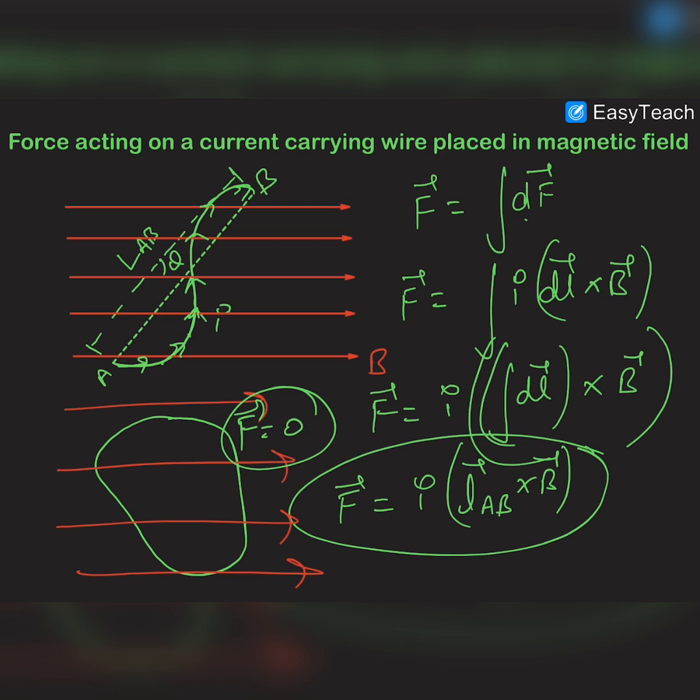So this formula is valid only when the magnetic field is uniform, and for a current carrying loop of any shape, the vector sum of net force would be 0.